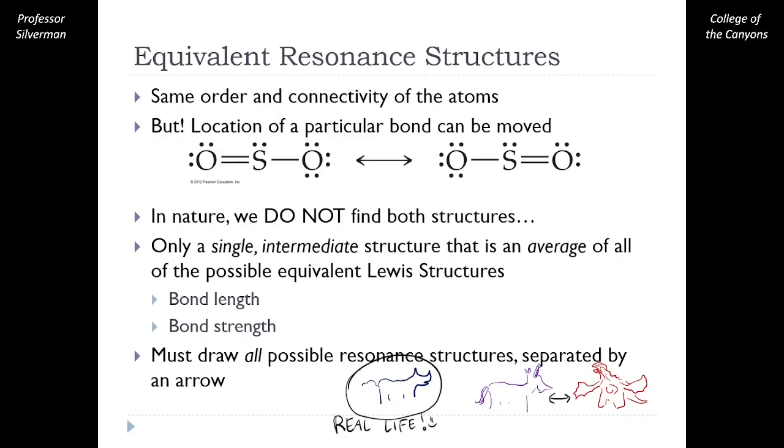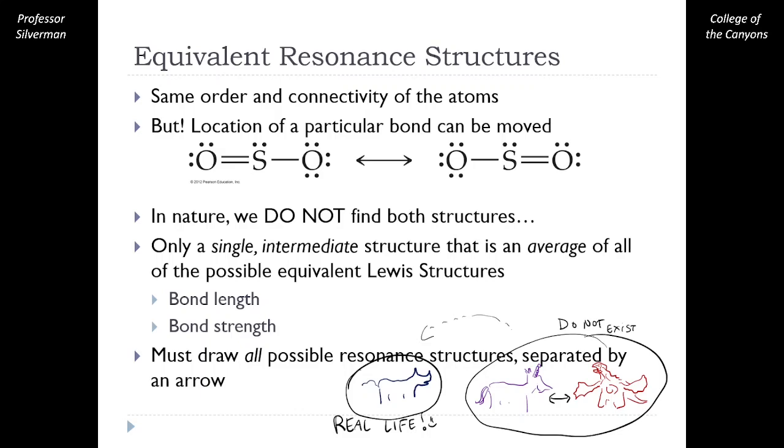This is how we're going to use our resonance structures as well. There is something that exists in real life, but it's hard for us to draw it with our Lewis structures. Instead, we'll draw things that don't really exist, but the combination of them add together to make a good visualization of what does exist in real life.